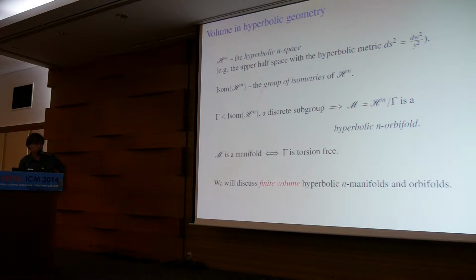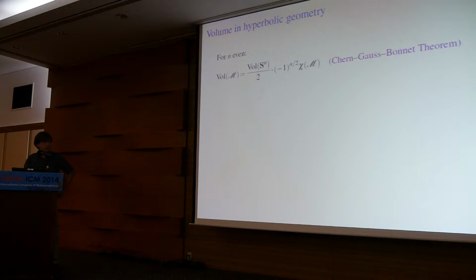I'm going to talk about finite volume hyperbolic manifolds and orbifolds. So why are we interested in finite volume spaces? There are several reasons. There are more than several reasons. I will just mention a few reasons to give you the idea. So first, let's recall the Gauss-Bonnet theorem, which says that in even dimensions, we have a relation between the volume and Euler characteristic of the space.